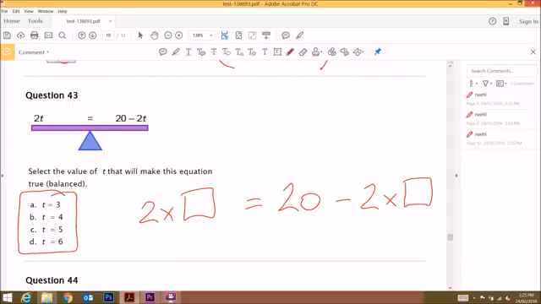I'm going to guess 5. 2 times 5 equals 10. Remember, your t's are always the same, whichever value you choose for it. So 20 take away 10 equals 10. So that means that C is my answer.